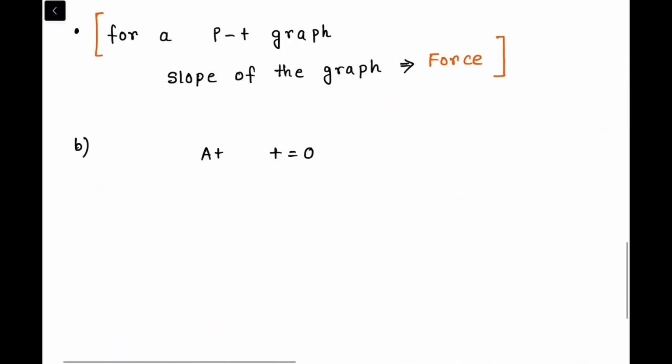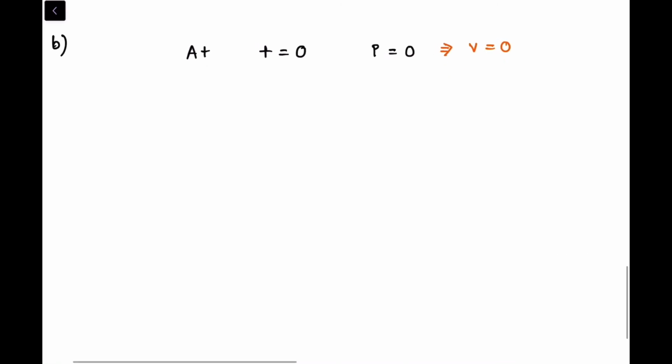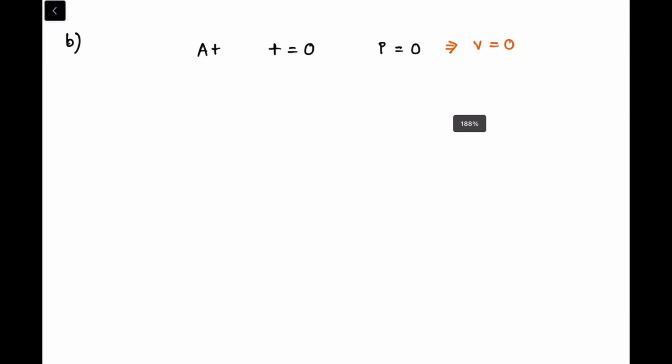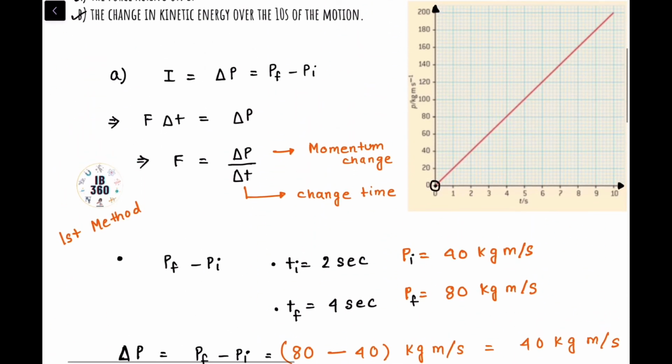At t equal to 0, the momentum is 0, right? So what does it imply? Implies that the velocity is 0, right? Because mass is 80 kg, mass into velocity is momentum. As mass is not equal to 0, velocity must be equal to how much? 0, right? So velocity is 0 at t equal to 0 second.